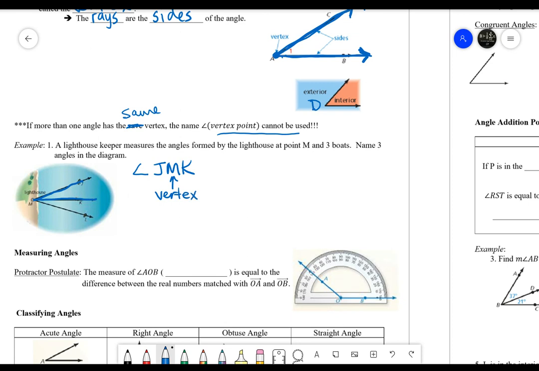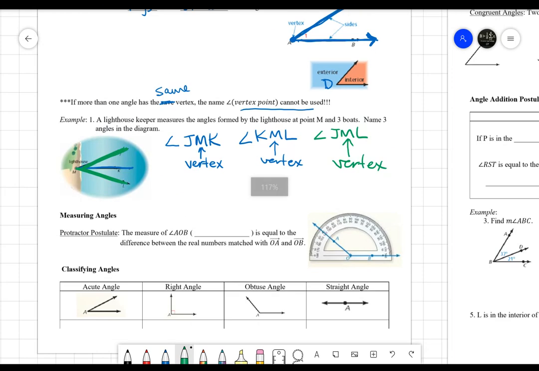Another angle is KML, again, vertex. And a third angle, which you may or may not be able to see here, is the big one. So it's going to be JML. So they can be overlapping, but always, the vertex is in the middle.